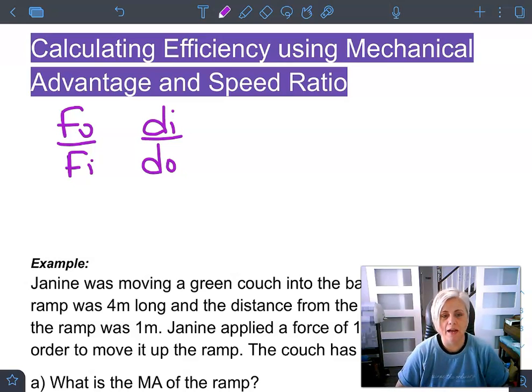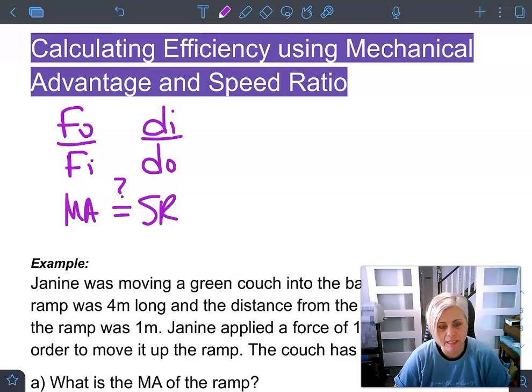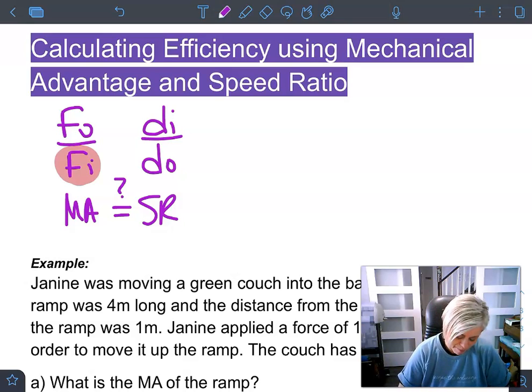So we can look at the amount that the person moves, the distance, the speed ratio right here, and we can compare the number of times that we actually see that machine multiplying the force. Because in every device, when it has friction, the person operating the device is going to have to give a little bit more input force to overcome the friction.